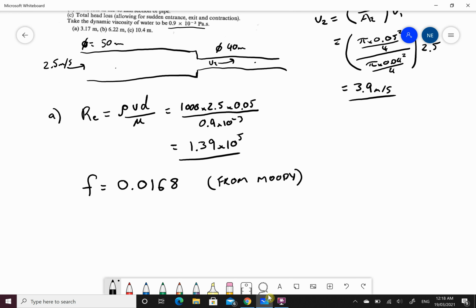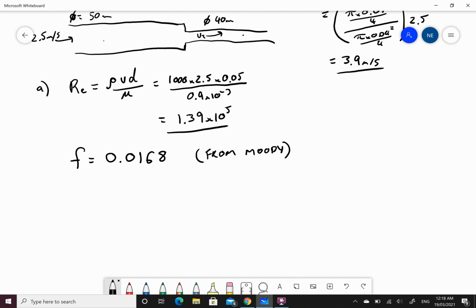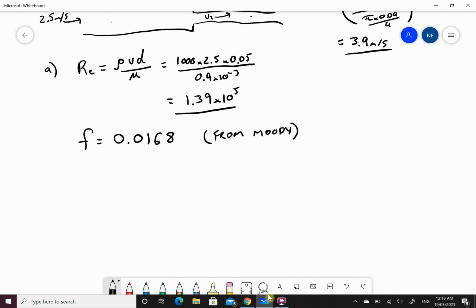You need to reference this because we do have formulas as well, and I need to know which one you've used. Because if you use a formula and you get it incorrect, you tell me it's from the Moody diagram and you're very far out, the marks here are obviously going to be different. So my go-to is always Moody. I personally don't use the formulas, and that's what I would do if I was you as well.